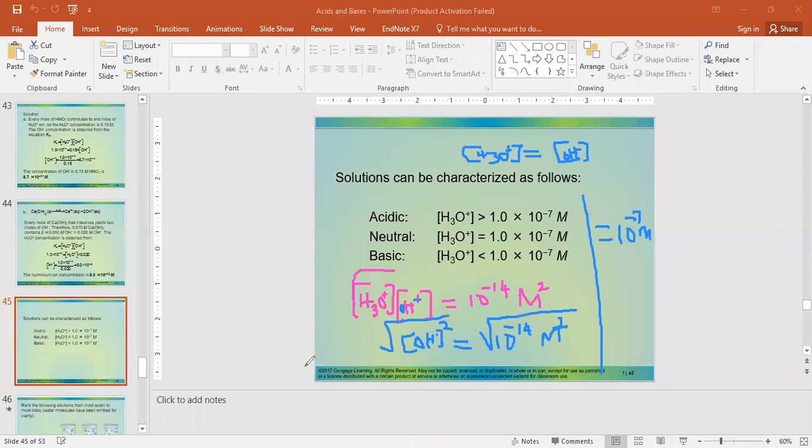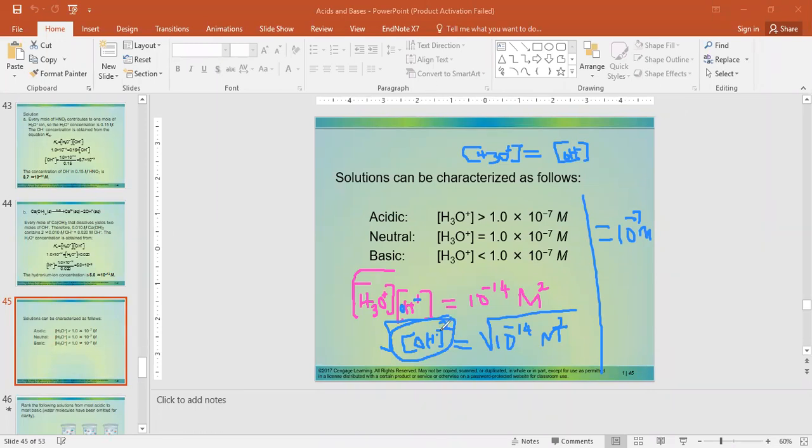Yes. Are you getting the square root or dividing by 2? We are not dividing by 2, we are getting the square root. Can I explain why we are doing that? What we have here is the square of the hydroxyl ion.